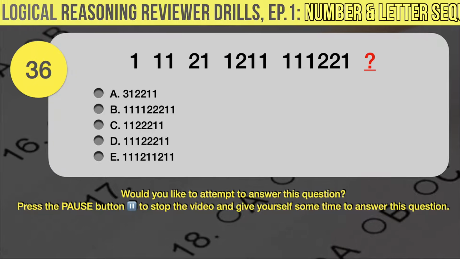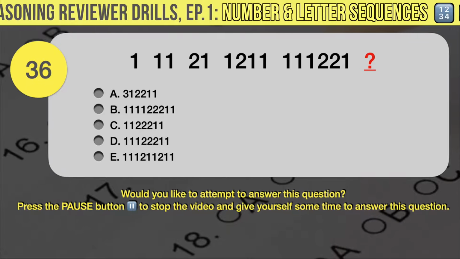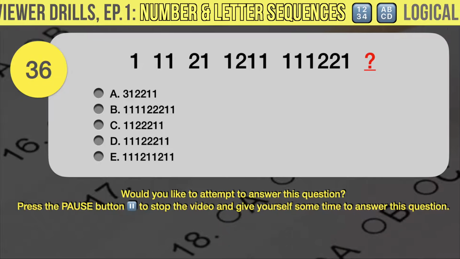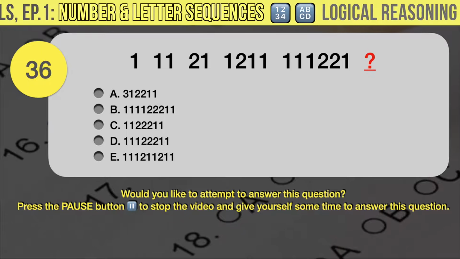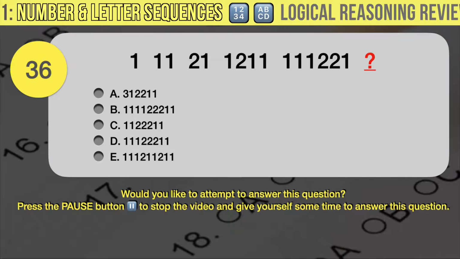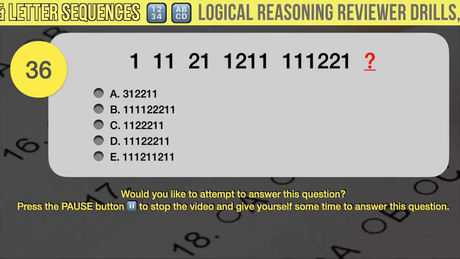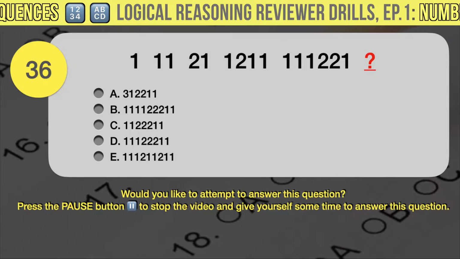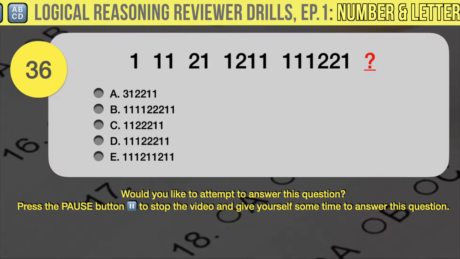Your answer choices are A. 312211, B. 111122211, C. 1122211, D. 11122211, E. 111211211. The correct answer is A.